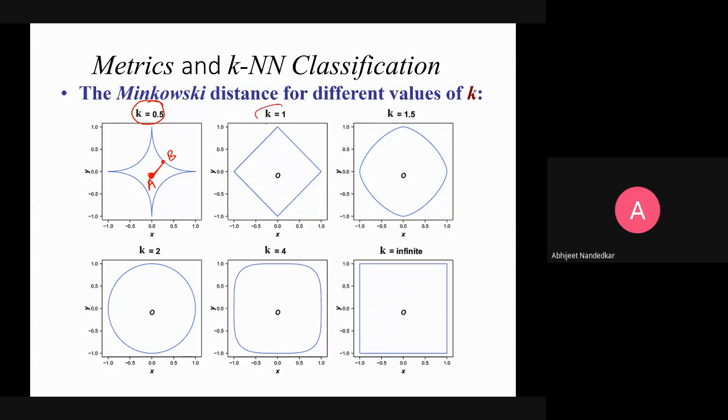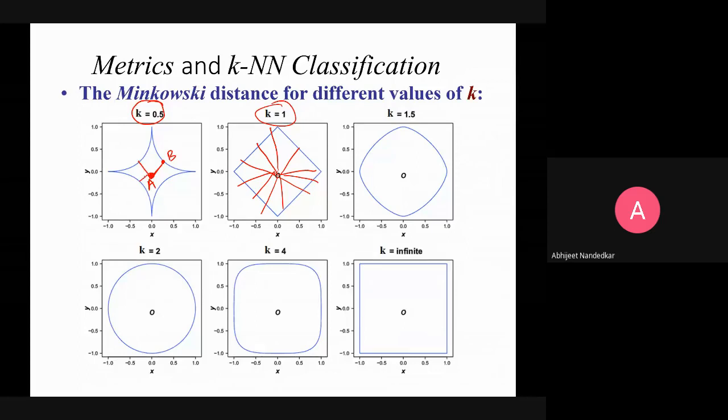If you take k equal to 1, then the distance between all these points is the same. It may not look the same to you, but actually it is the same with k equal to 1.